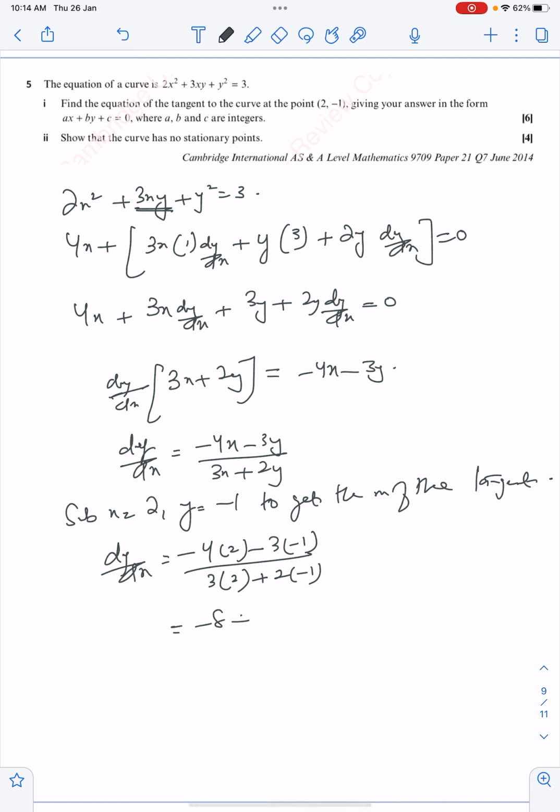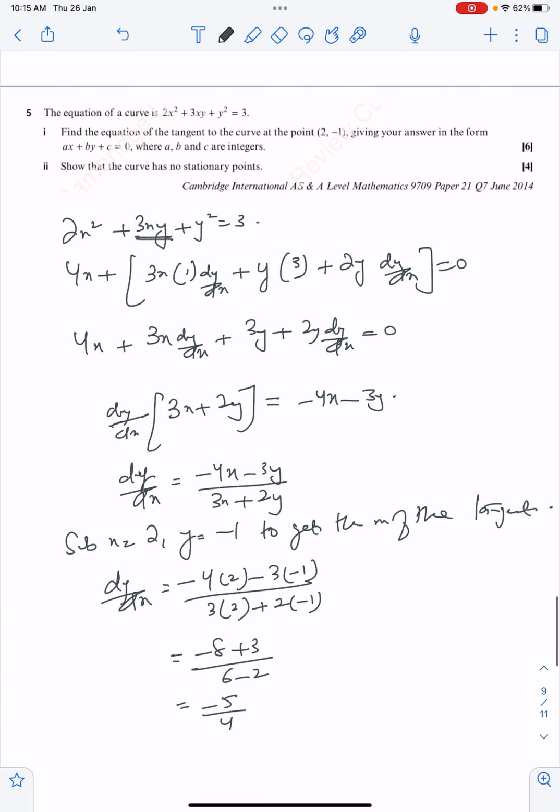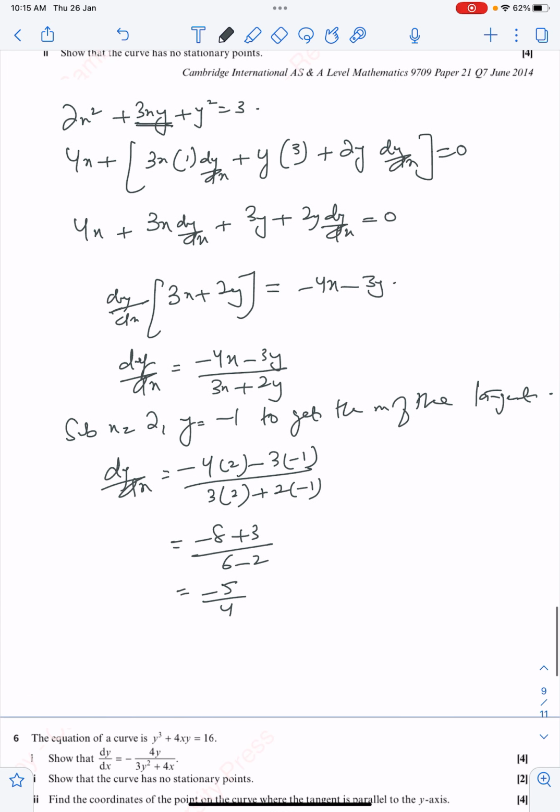Minus 8 plus 3 upon 6 minus 2. Minus 8 plus 3 is minus 5, 6 minus 2 is 4. Now we have to find the equation of the tangent at this point, substituting gradient equals negative 5 upon 4 and the point 2 comma negative 1.